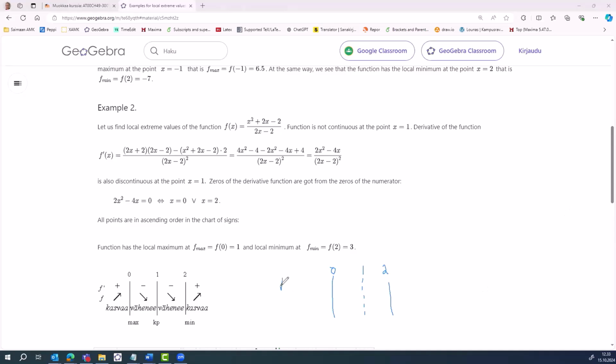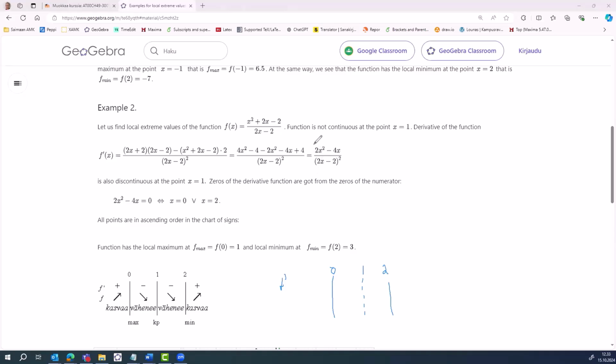When we start checking the function, and we start with the derivative case, here, this is our derivative. If you check the denominator, it's squared, meaning that it's always positive. It cannot be even 0 because we cannot divide by 0, so it's always positive.